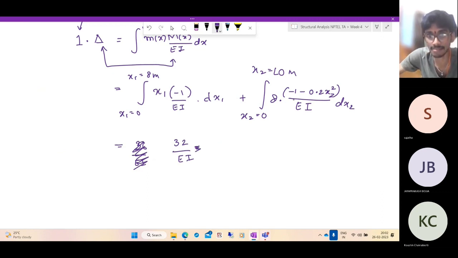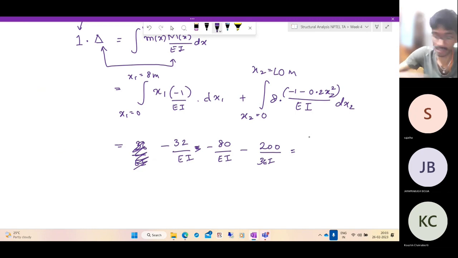And here the first term is dx2, whose integral is just 10, so 80, and there's a minus sign: minus 80 by EI. Minus 0.2 x square; if you integrate, you'll get x cubed by 3. So 0.2 into 1000 is 200 by 3.